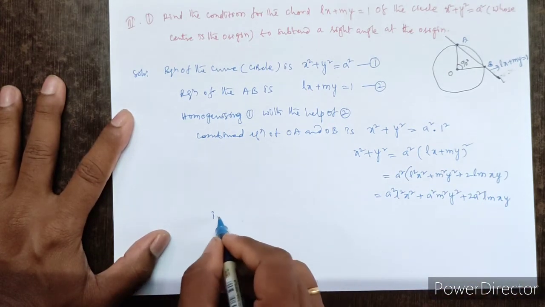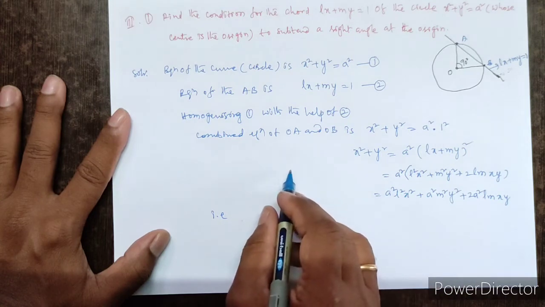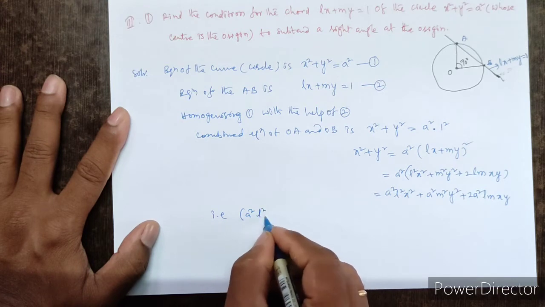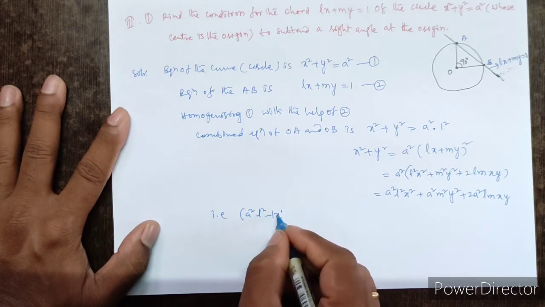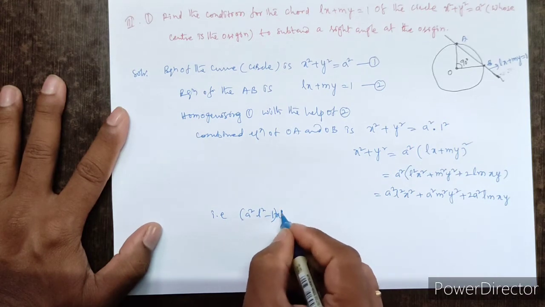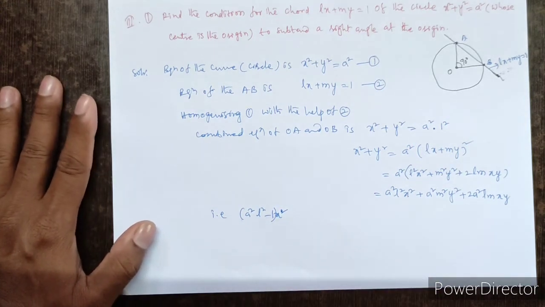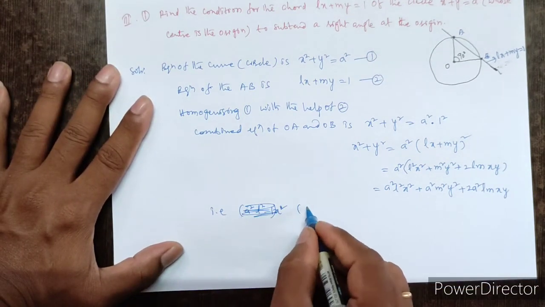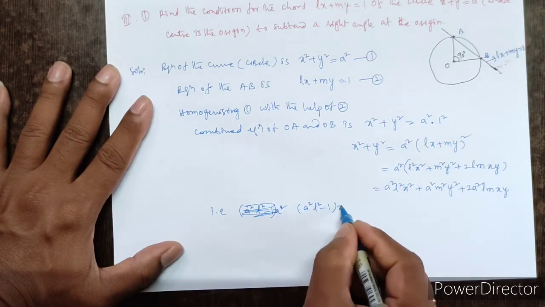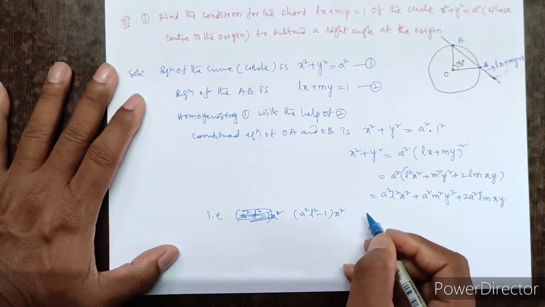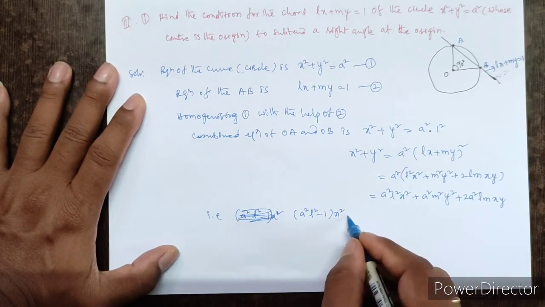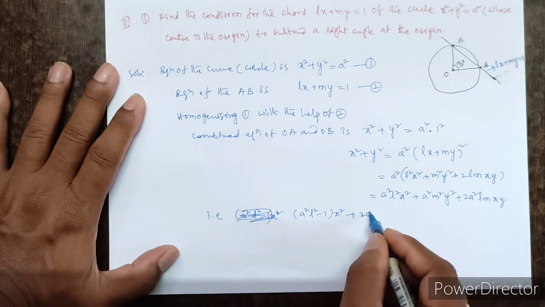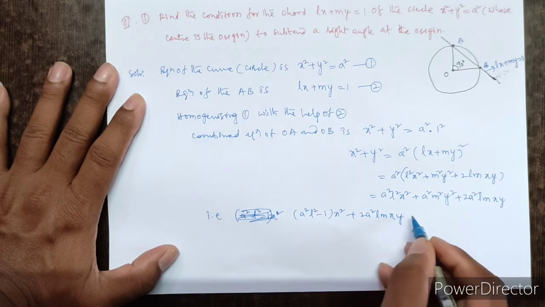Take this term to this side and take the common of x square: a square L square minus 1 of x square, plus 2a square lm xy.